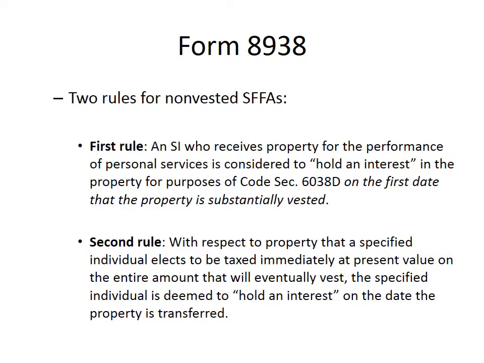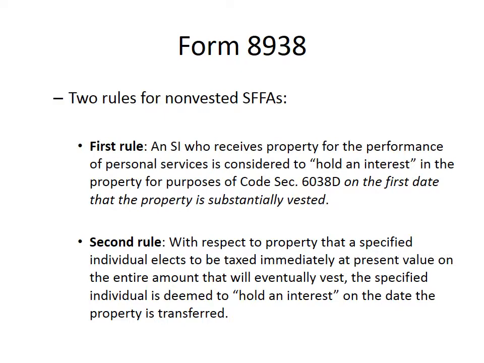We have two rules for non-vested specified foreign financial assets. Rule number one, a specified individual who receives property for the performance of personal services is considered to hold an interest in the property for purposes of Code Section 6038D on the first date that the property is substantially vested.